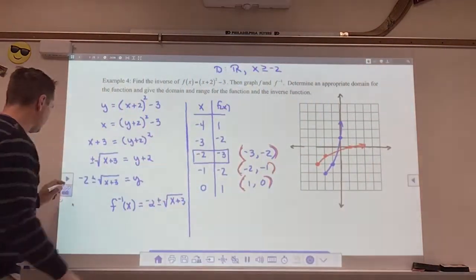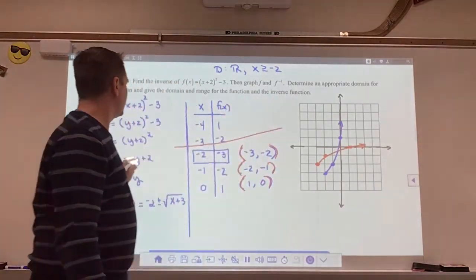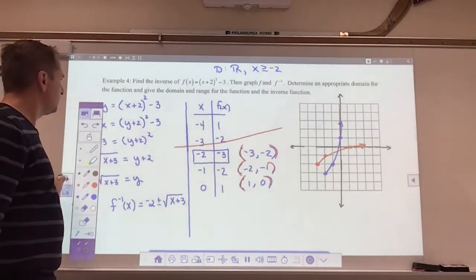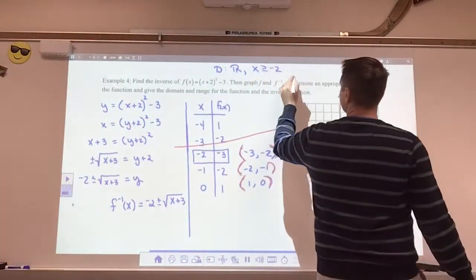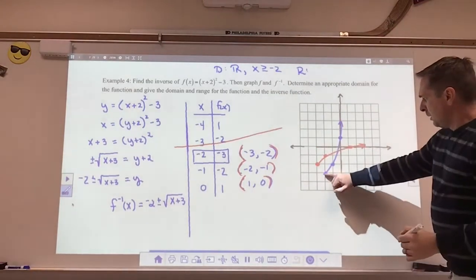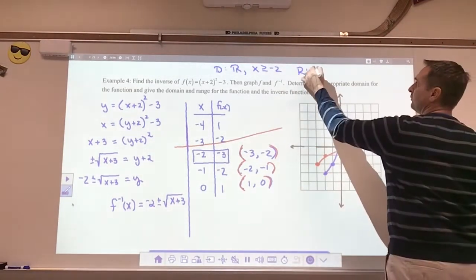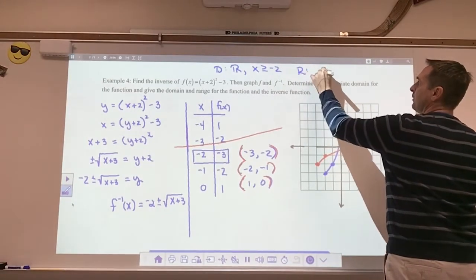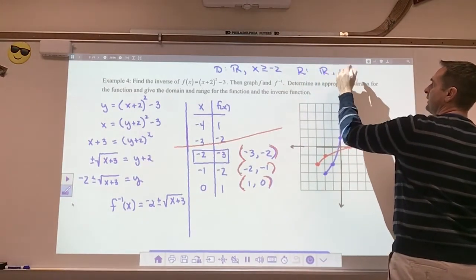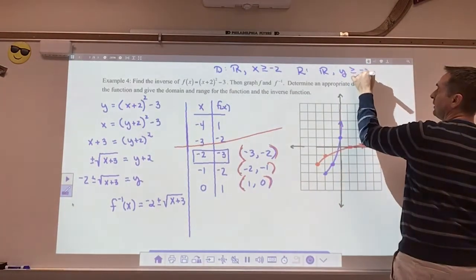And we'll talk about the range. The range now, we go from negative 3 to positive infinity. So our range, all real numbers, y is greater than or equal to negative 3.